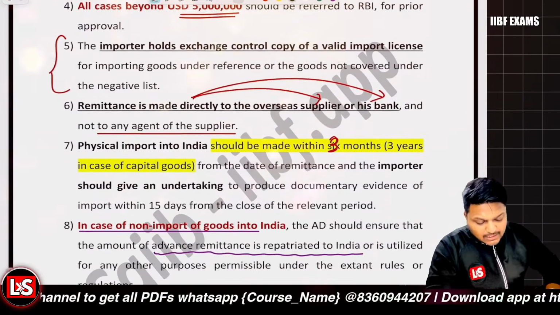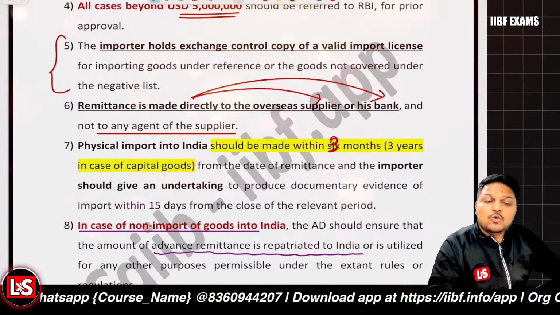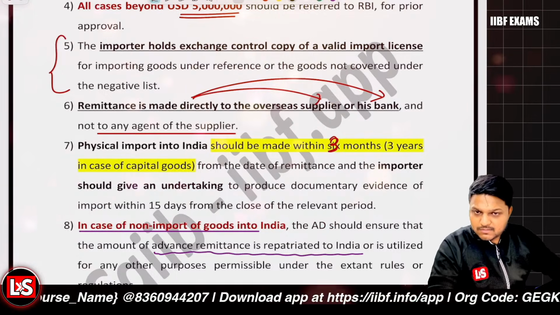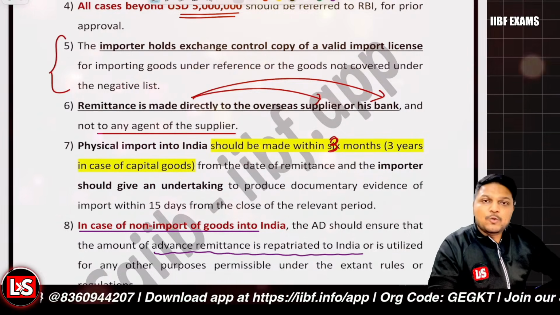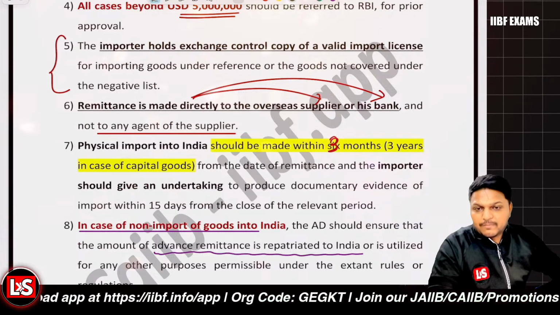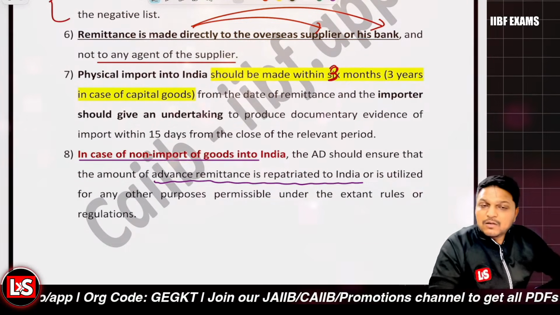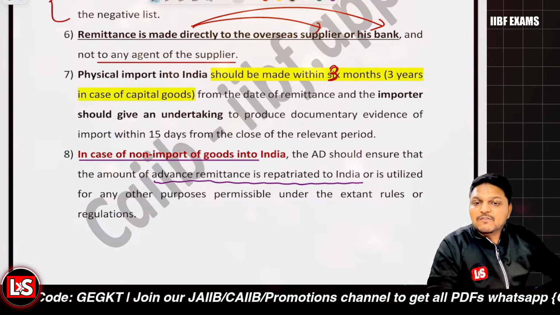And further, the importers must provide the exchange control copy of a valid import license, let's say if you are not importing under the OGL, and items from the negative list should not be there. And remittance is to be made directly to the supplier or the bank of the supplier, but not to the agent of the supplier.